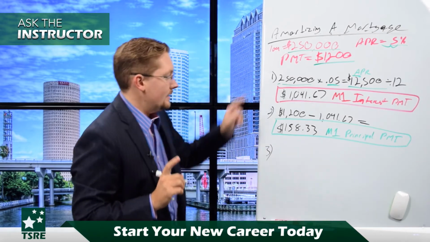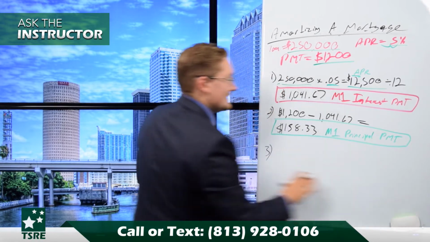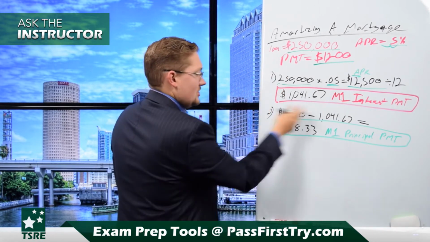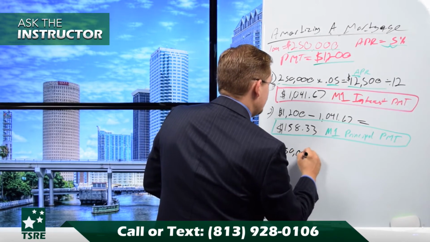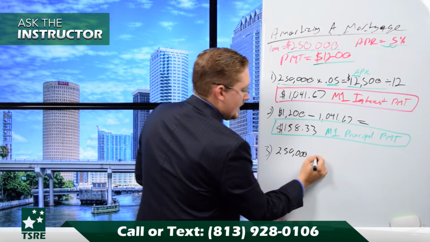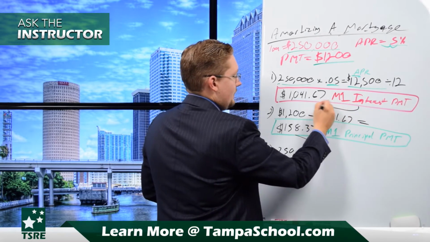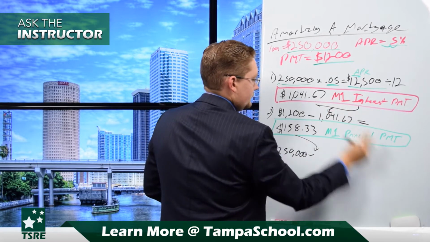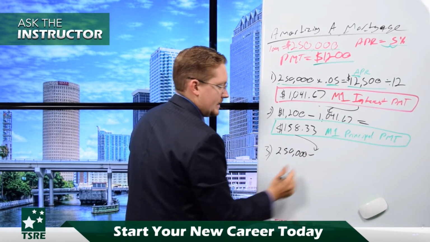So our third step, again, figuring out what that new balance is going to be for month number 2. And this is very simple. All you're doing is just another little bit of subtraction: $250,000 minus that principal payment. So we're bringing down that principal payment here, just like up here we brought down our interest payment. This one we're bringing down our principal.